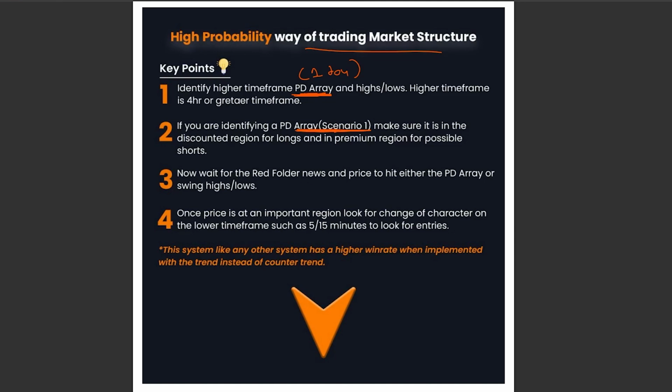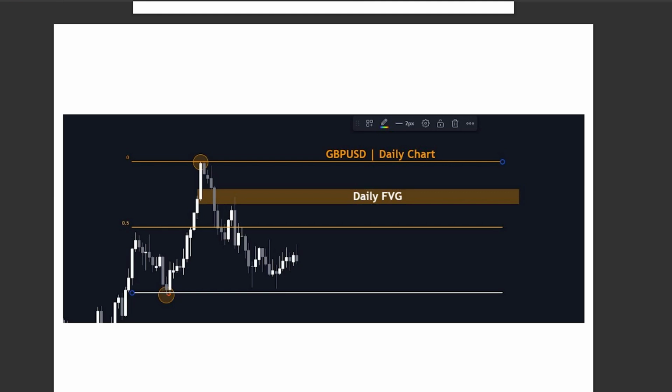Thirdly, wait for the red folder news and wait for it to take out the swing highs or swing lows or tap in the order block considering the scenario. Fourthly, go on the lower time frame chart such as the 5-minute or 15-minute and wait for a trend change or reversal.